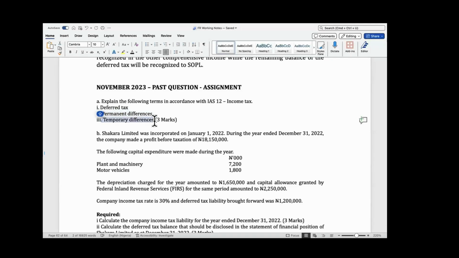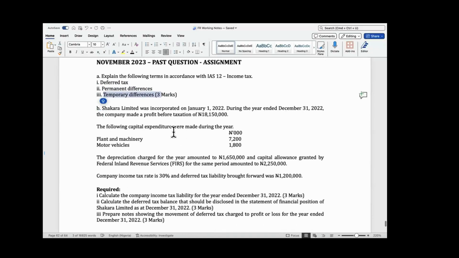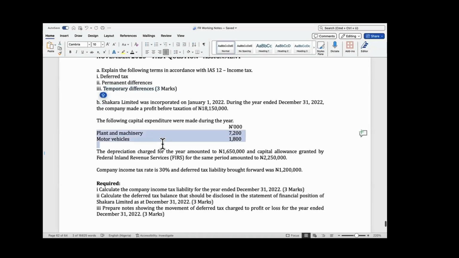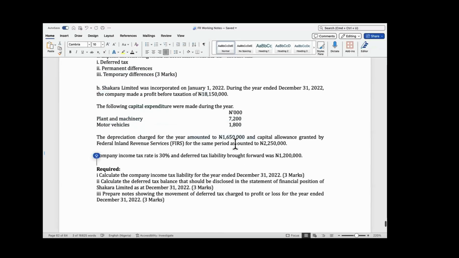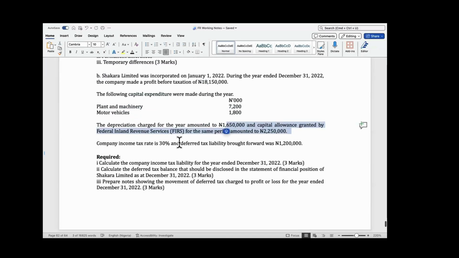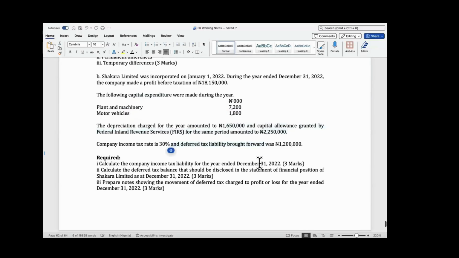But for the difference between carrying amount and tax base, you don't need to explain that. Okay, that suffices. But this one you need to explain that this difference has no tax consequences, but this one does. So again, they give you the cost of the assets, they give you depreciation, they give you capital allowance, and you have to calculate deferred tax. Very straightforward.